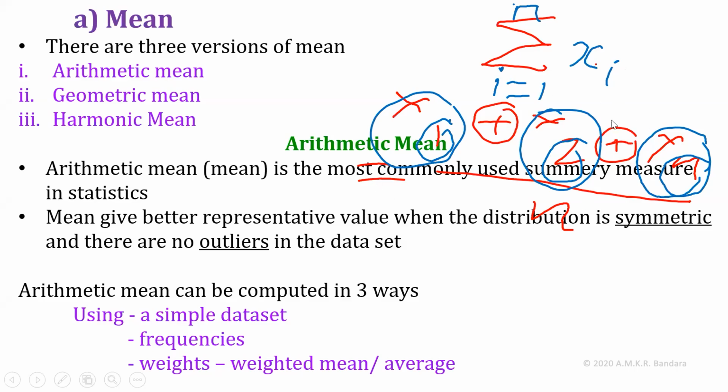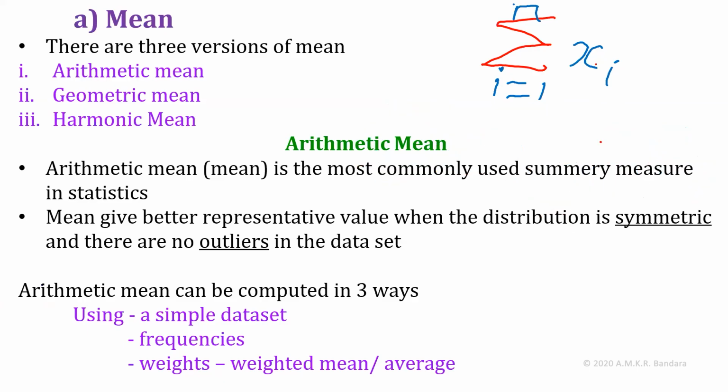So this is the expanded notation equivalent to this one, and this is the summation. Then we have to divide everything by number of observation. We denoted as n.